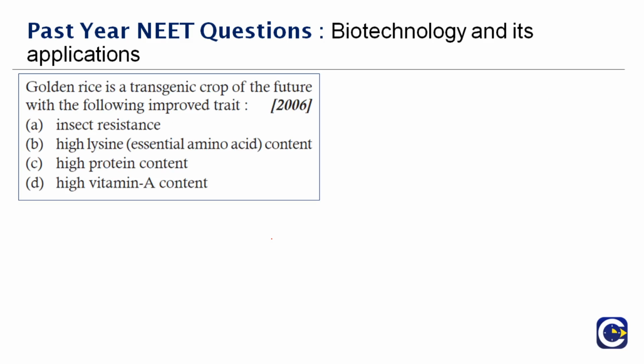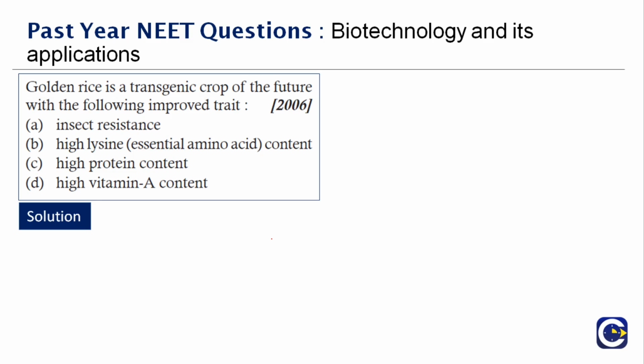Next question here. Golden rice is a transgenic crop of the future with the following improved trait. So obviously you know what the answer is. I don't have to give much explanation here. We just now discussed in the earlier question that golden rice is the solution for night blindness, so it means it has high vitamin A content.